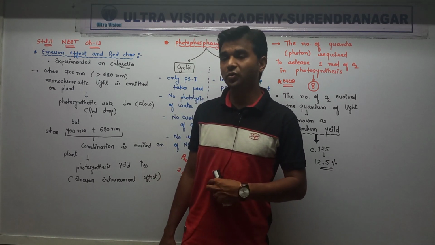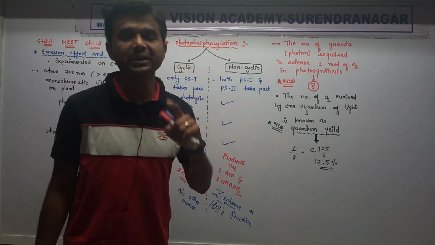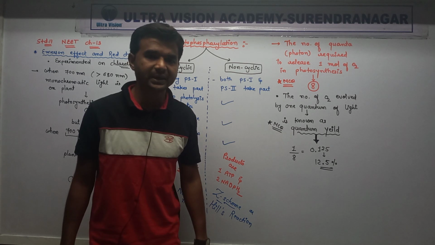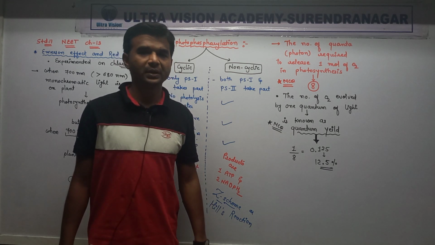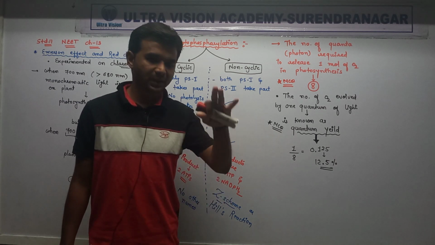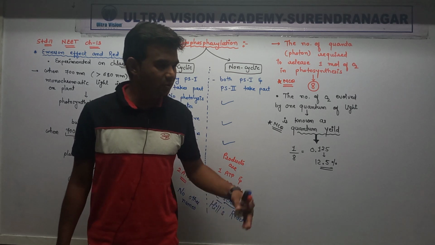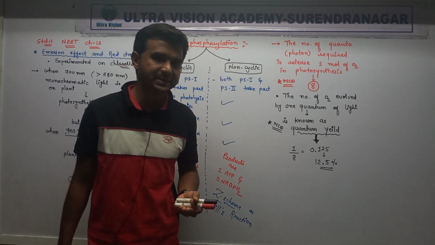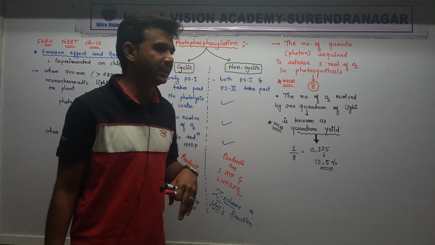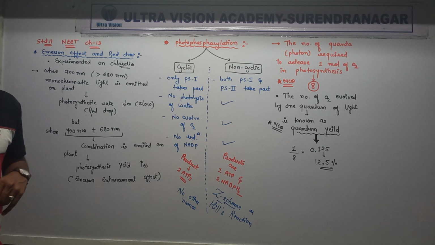Whereas in the stroma, enzymatic reactions occur, so NADPH2 is continuously synthesized and used for the reduction of CO2. So in the stroma, proton concentration decreases, and in the thylakoid, it increases.